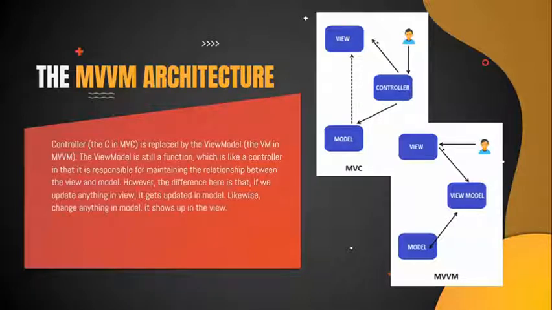So in MVVM, what happens is we are replacing this controller with a view model, and the request from the user actually comes to the view. Obviously, when we are using a front-end application, our backend is not there. So we have to work with the data or manipulate data in the view itself in some cases. In most cases nowadays, we have to do that.